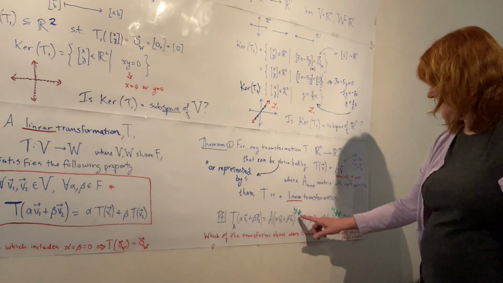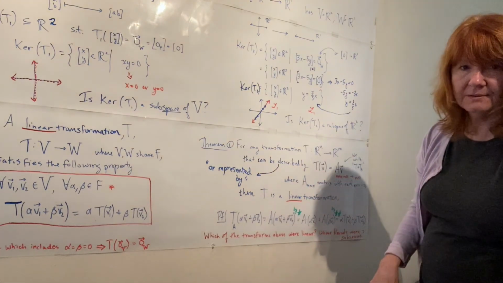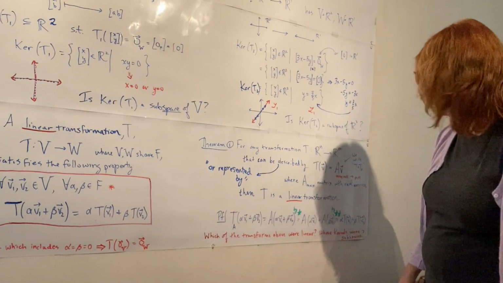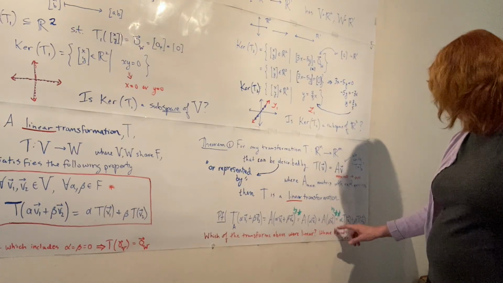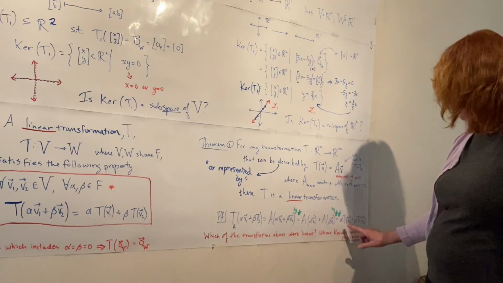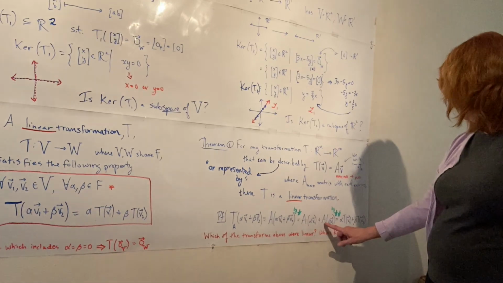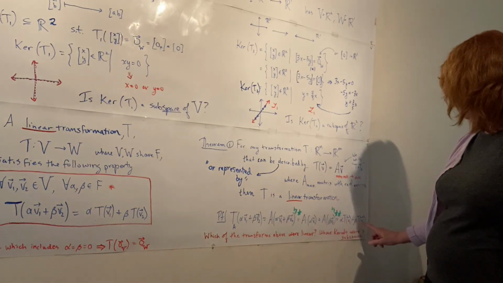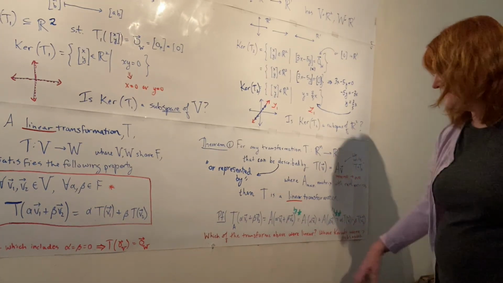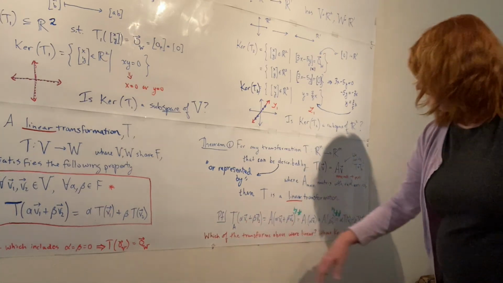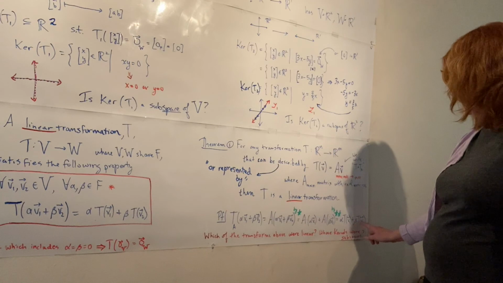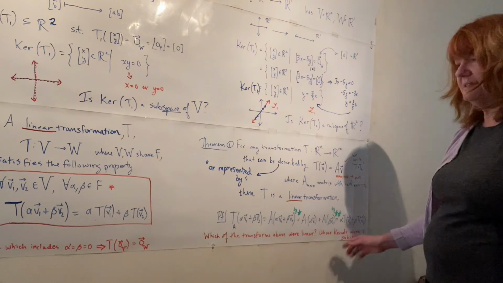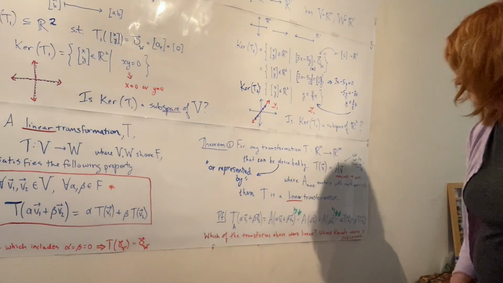That's using the property I worked out on the side board. By the second property, these scalars can come out front, because this is all matrix multiplication. Look at that: T sub A of a linear combination is equal to the same linear combination, with the same scalars, of their images. That's the definition of a linear transformation.